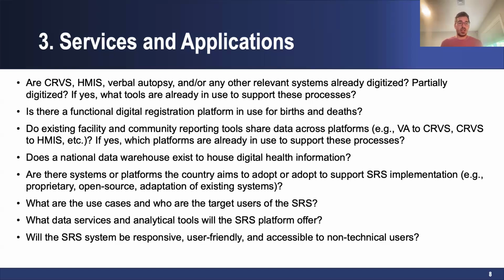We need to focus on steps that need to be completed in your country, and then maybe a whole system works for that collective set of steps. But what is more likely is we need to pull the service that codes cause of death from here and the scheduling system from the Mozambique COMSA system, and then integrate things together. That's probably more likely what we're looking at. But again, we're not necessarily prescribing this.